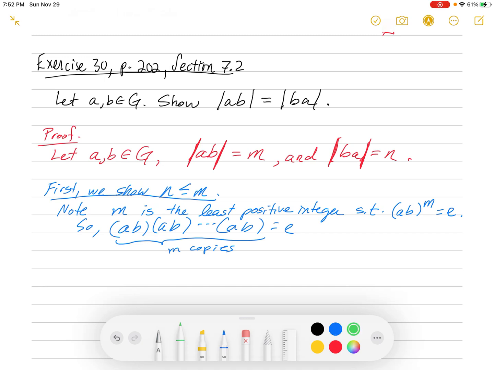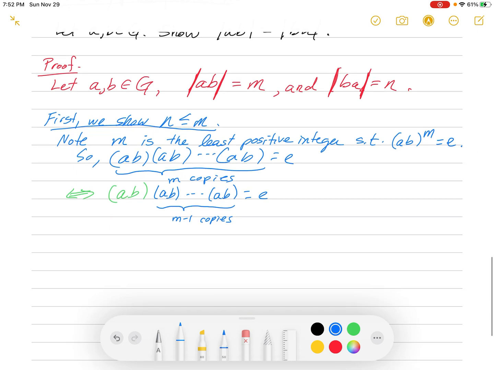Now, what I'm going to do is an if and only if here. I'm going to focus on the first one, AB, kind of peel that off the front, or just isolate it. And the others, we'll just let be blue ABs. So how many of these ABs do we have in blue after the green AB? Well, there are M minus 1 copies. Why? Because we isolated the one at the front.